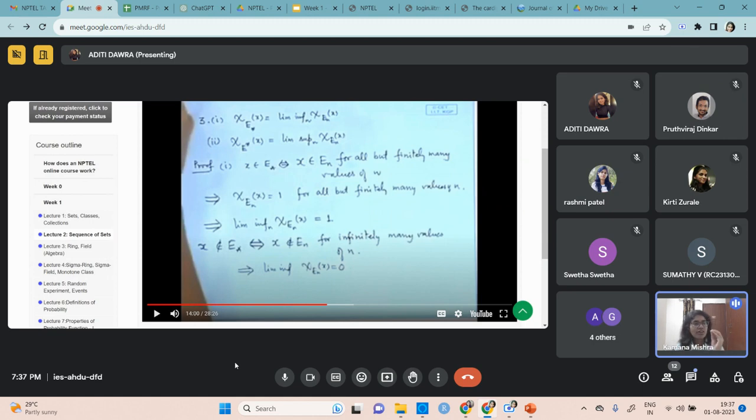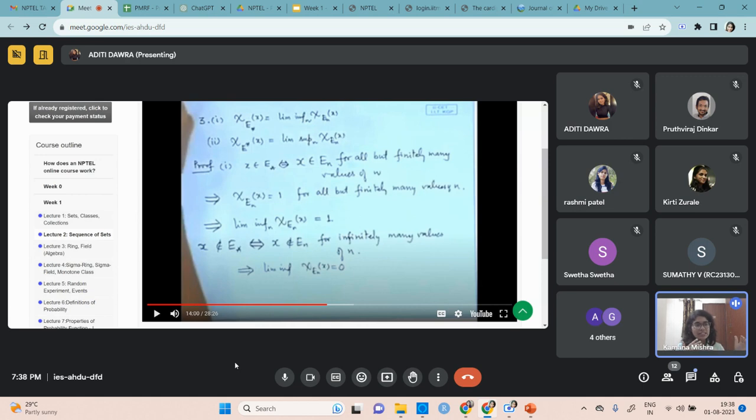Now if any element belongs to a set, then its indicator function will be 1, and if it does not belong to En, then its indicator function will be 0. So now it belongs to En, so its indicator function will be 1. Say for E1, the indicator function of E1 at x will be 1, for E2 it will be 1, for E1001 it will be 1.